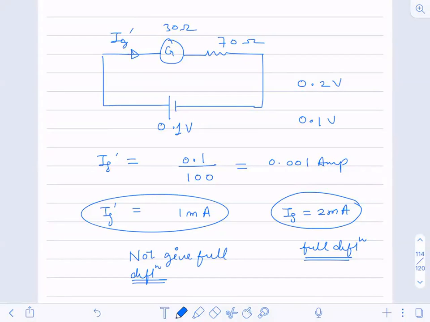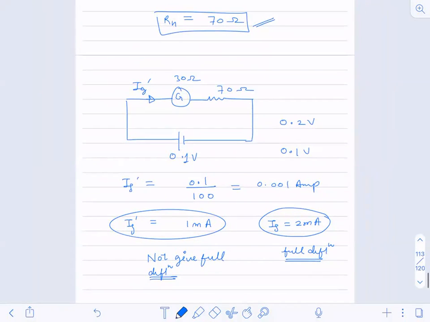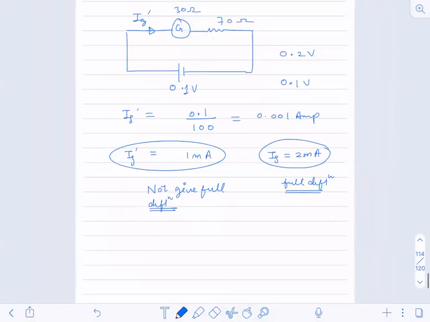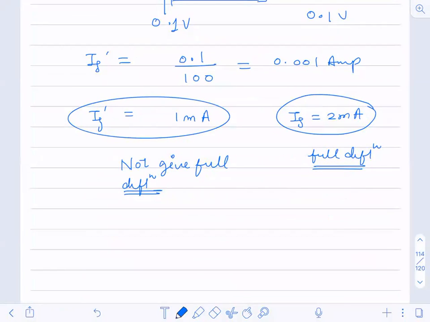Understood? You are constructing a device, and whenever you construct a device, it is not that you construct it for only one value. You construct it for a range. The best example is the speedometer.